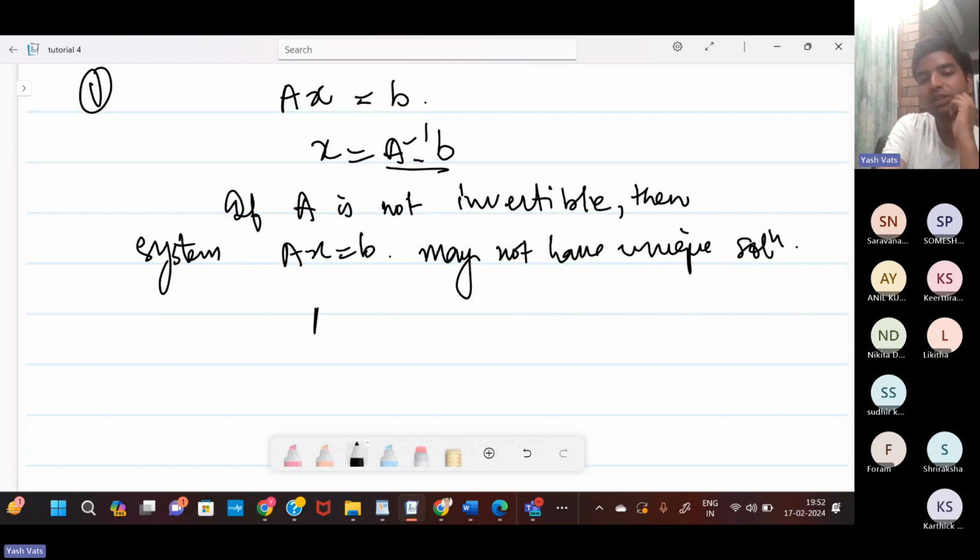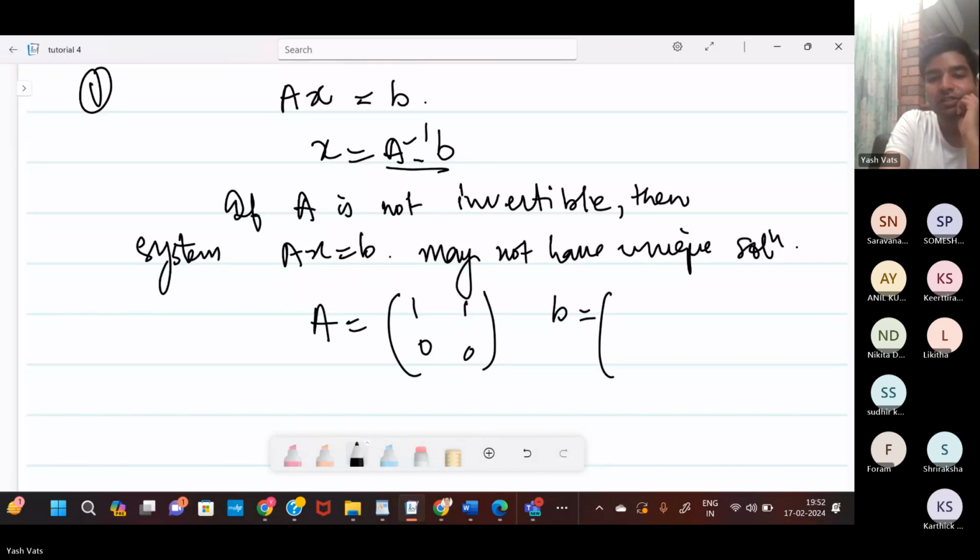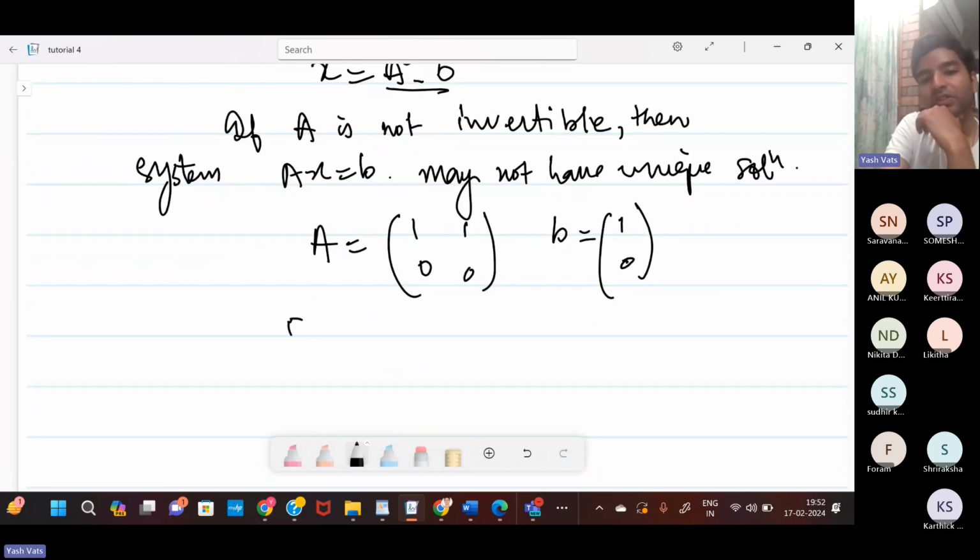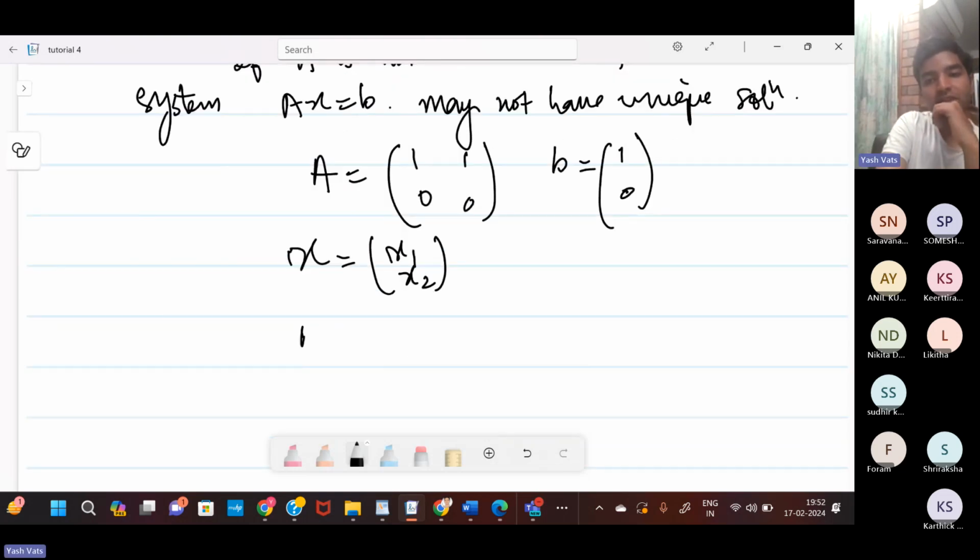If I take A to be like this, and B to be 1, 0 maybe. So if you take X equal to X1, X2, what is AX equal B? X1 plus X2 is 1.